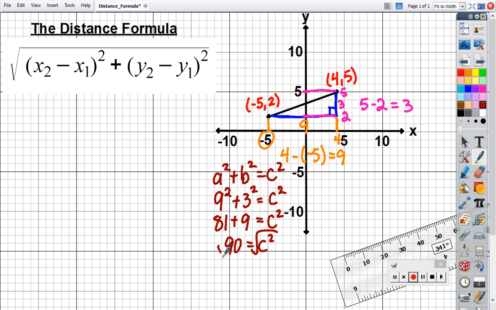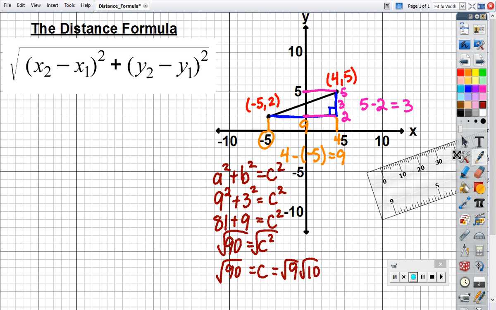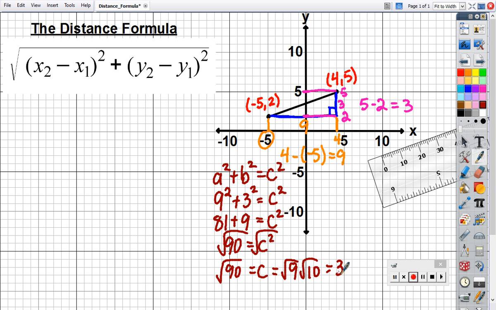I take the square root, so I get the square root of 90 equals c. Remember when we did simplifying radicals, I can write this as root 9 times root 10, because 90 is 9 times 10. This gives me 3 square root 10, because 10 is square free.